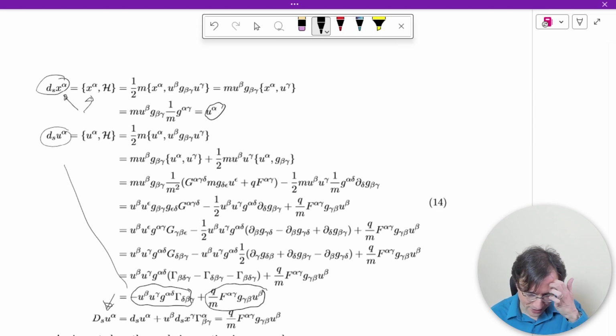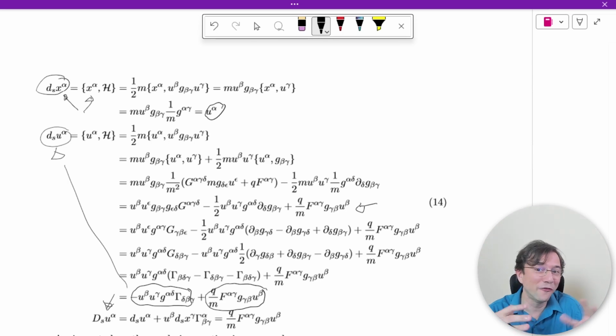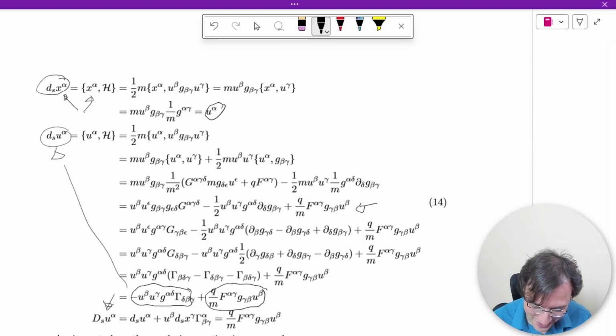What is interesting to me is, let's see, I think it's this line of the expression, because we have a change of the velocities, which I could understand as a force, and of course it's not a covariant force in some sense. This is covariant, right? This is a tensor, this is a tensor, this is a vector, so things work out.